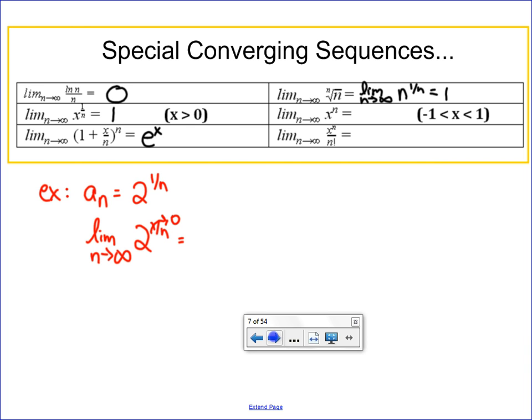I chose that one because it's computer, so easy ones to do. 0. But anything else, besides x between negative 1 and 1? Nah. The sequence diverges.